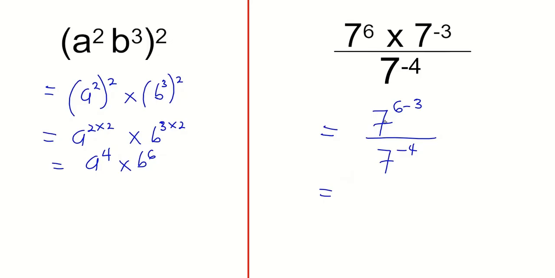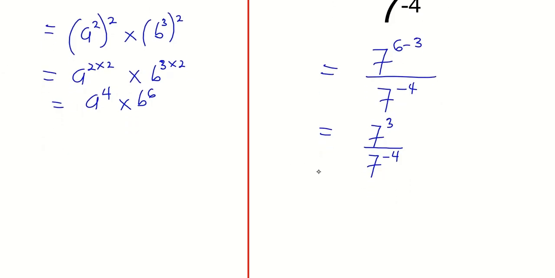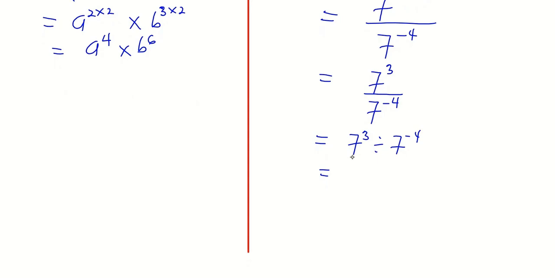Now 7 exponent 6 plus 3 can be written as 7 exponent 9 divided by 7 exponent 4. In indices, we said that provided the bases are the same and at the same time the bases are being divided, then we can write one of the bases and subtract the exponents.